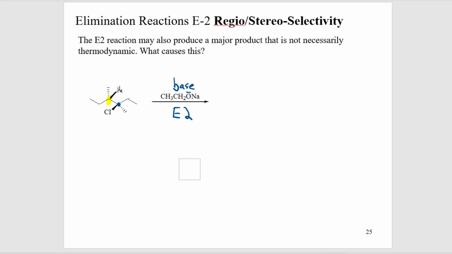As opposed to pulling off one of the HBs, I would form a trisubstituted double bond. So I'm going to go for the gold. I'm going to go for the regioselectivity that's going to give me a more substituted double bond. Okay? All right, so I'm going to choose HA because it leads to a more substituted double bond. This is the regioselectivity issue.